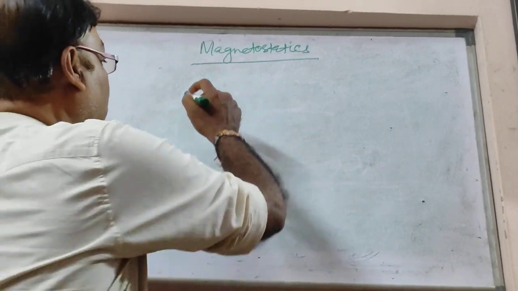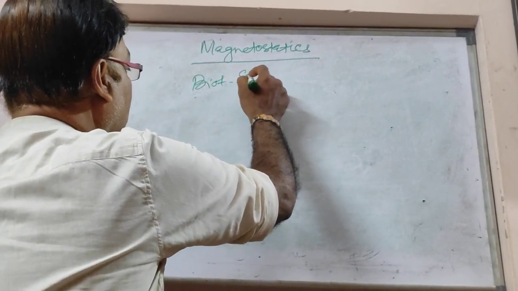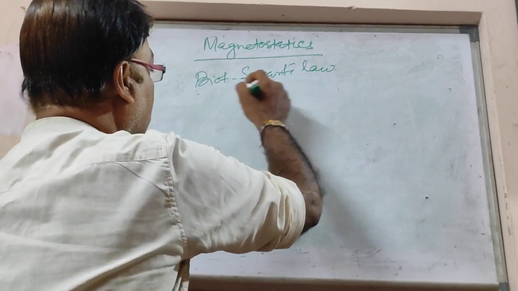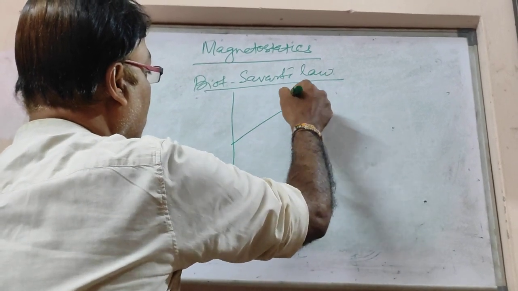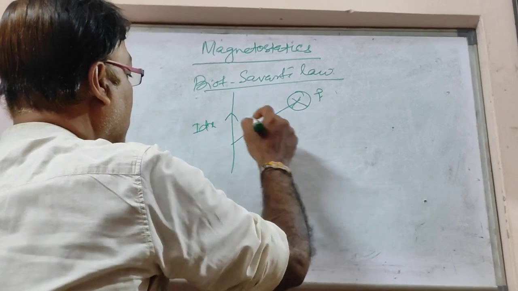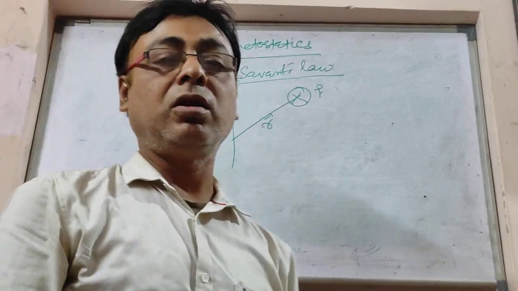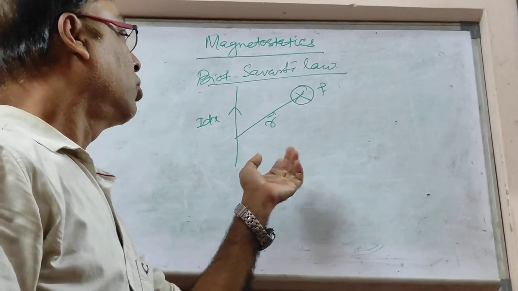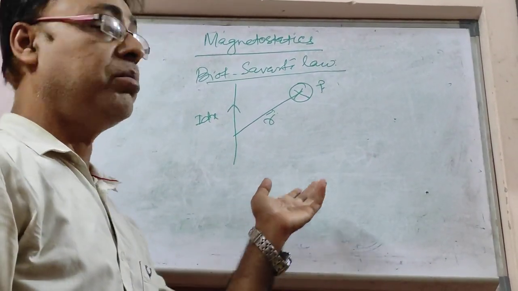So first of all, what is Biot-Savart law? That's what we will discuss. Now this Biot-Savart law is applied to determine the magnetic field intensity or the magnetic field strength at a point.